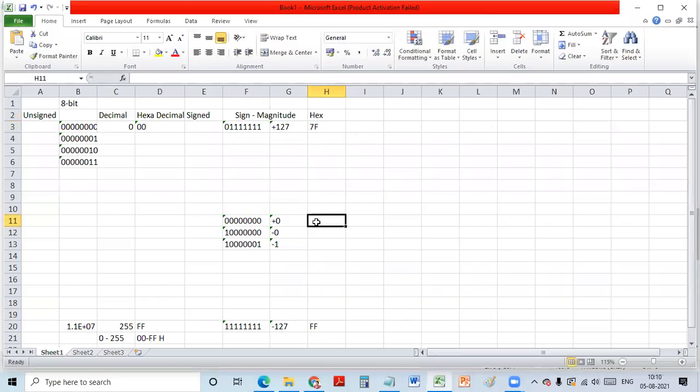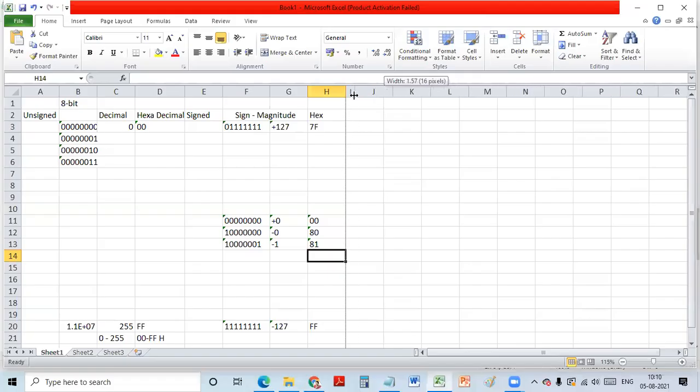This is 00, and this is 80. And this is 81. Likewise, we'll be having 00 to 7F. After that, 80, 81, 82, 83 till FF, the negative values.